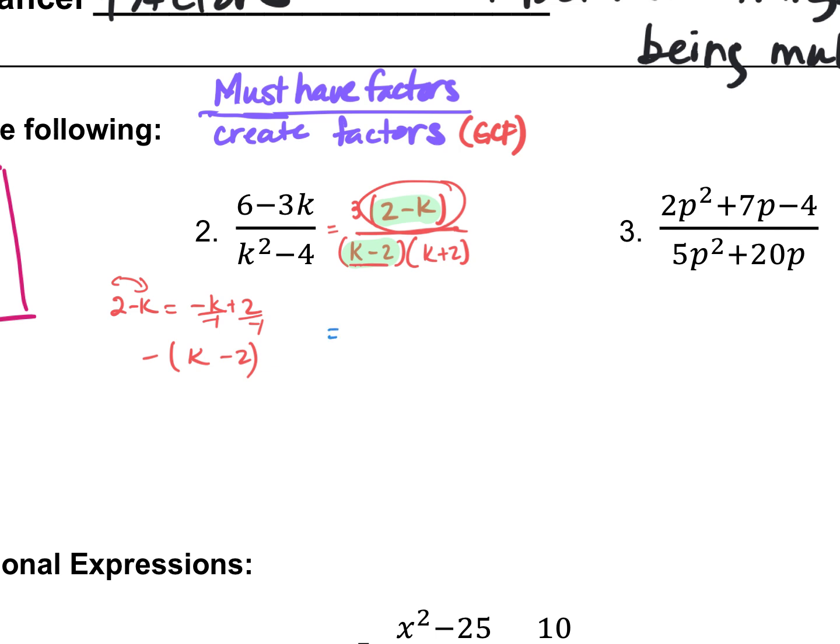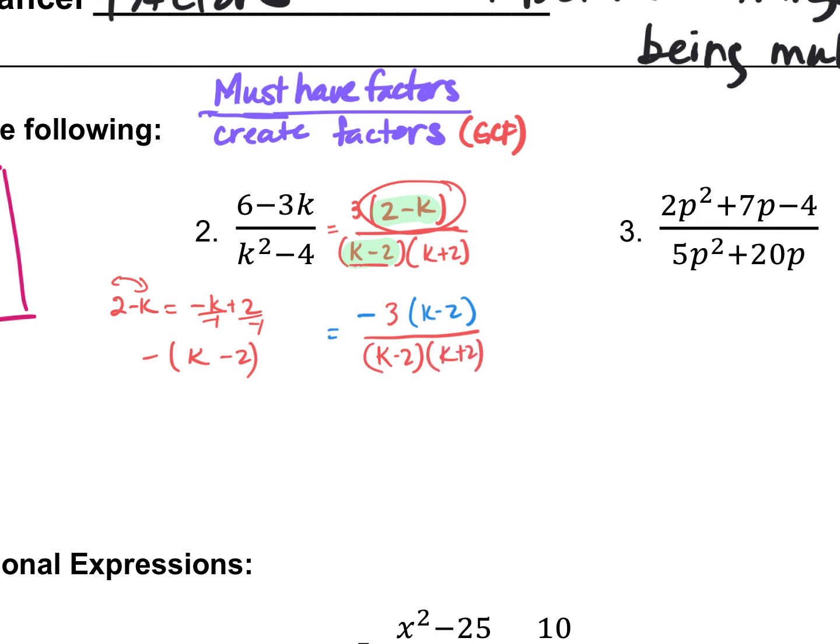The numerator is going to be, I'm going to put the negative here, and then the k minus 2 here. The reason I separated that is because I don't want to write 3 minus k minus 2, because I don't want to make the mistake of thinking it's a subtraction. This right here in front is just easier to look at.